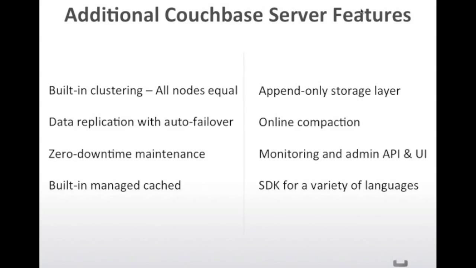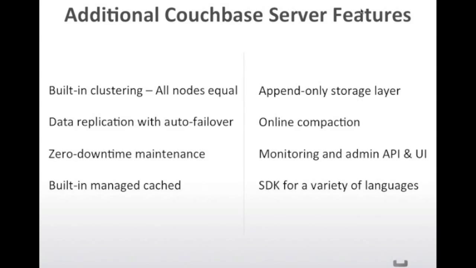Couchbase is also an append-only model, and what we mean by that is any of your writes happen in an append-only format. The reason for that is to provide really high write rates, and we would later on compact things and handle it, but your operations are not blocked, so it's really fast. We have online compaction, where you don't have any downtime. Compaction happens as your system is online.